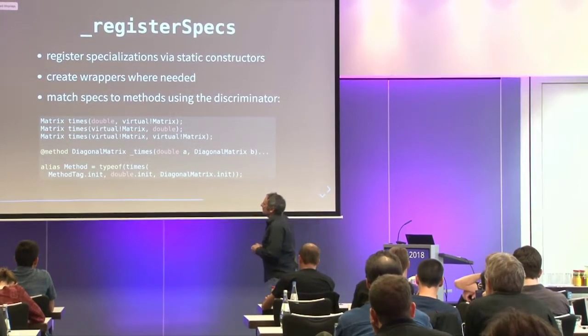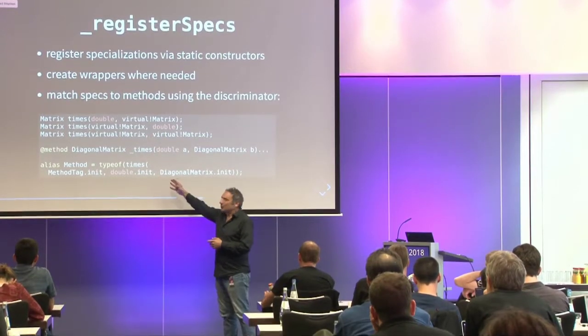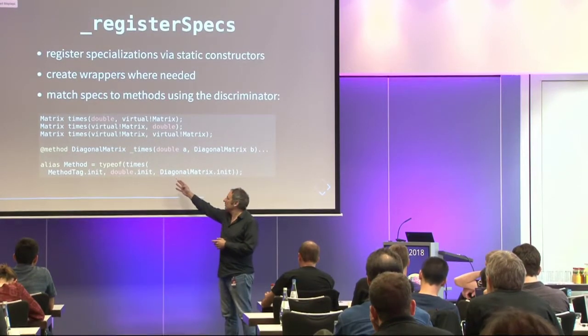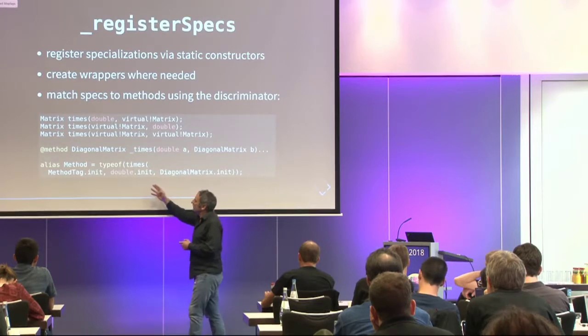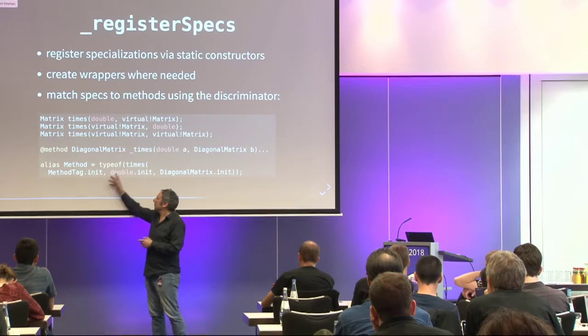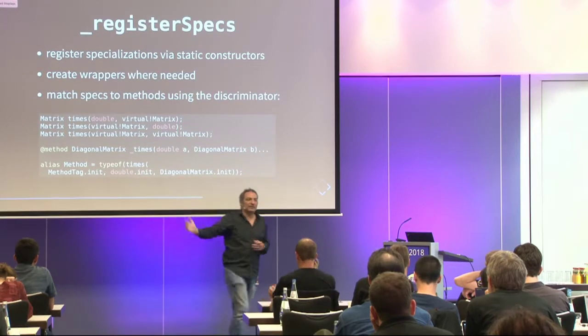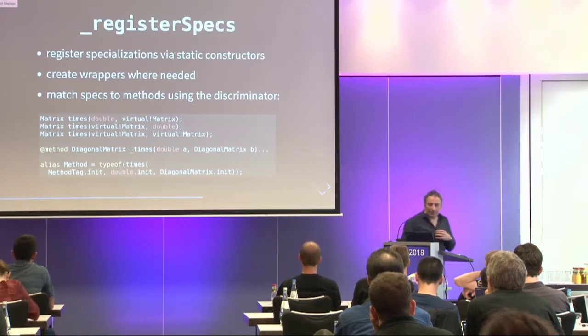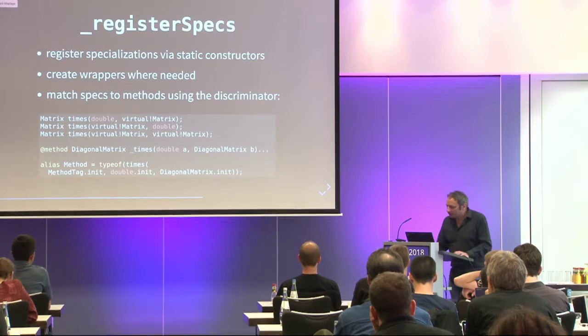Well, it's quite neat. It simply tries to call that function which has no definition and which returns the appropriate method type. But it's called in a type-of, so it's not really called. That's a nice little trick.